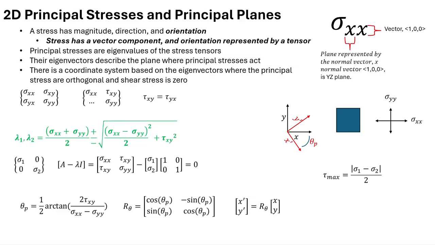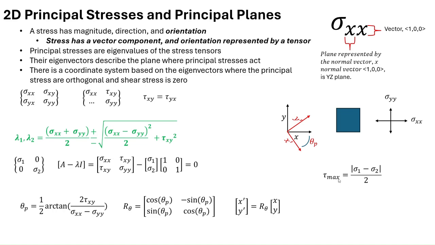Now, the reason why principal stresses are so important is because of how they relate to failure analysis. Typically, if you were to do, let's say, a tensile test and you applied a load until failure, you will find that the failure occurs along the maximum shear plane, or the max shear stress, and that's defined by the principal stresses.